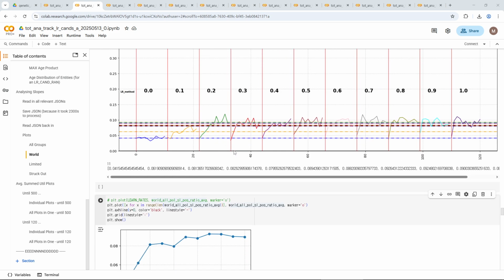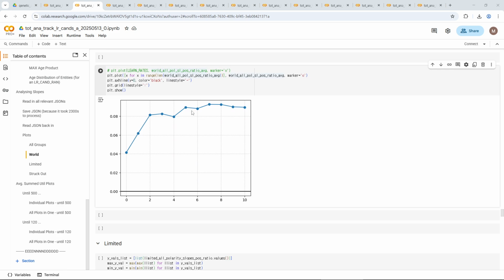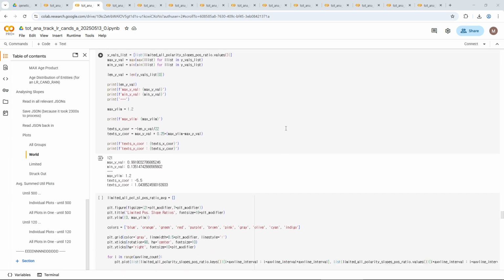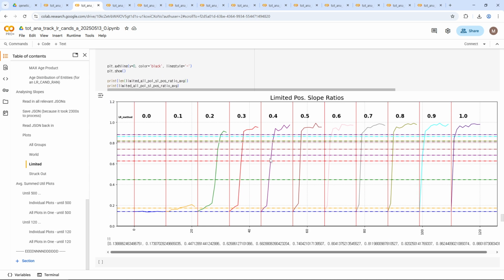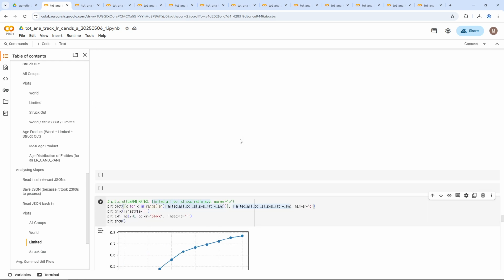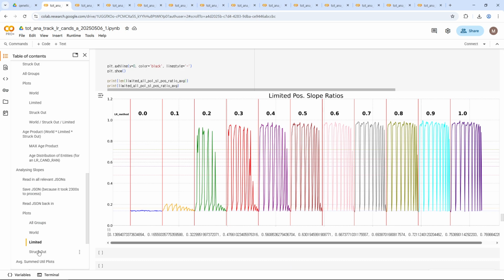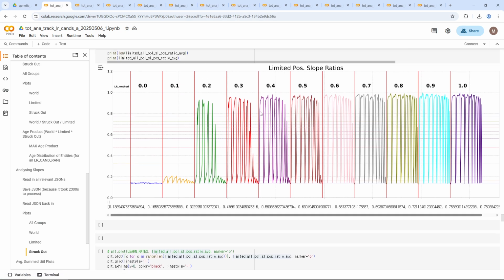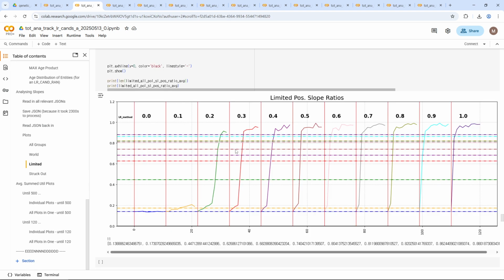It still goes up, but it doesn't actually get that much better. For the limited entities, this is very similar to what we have seen in this one. Where is it? This one. See, everything is exaggerated or inflated because there are now fewer limited entities.